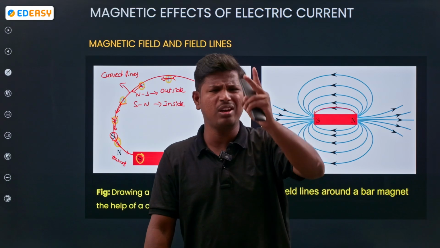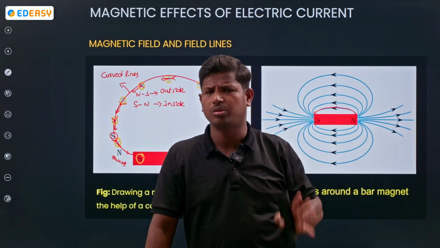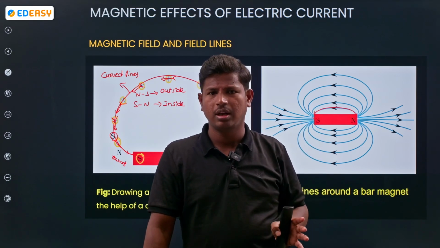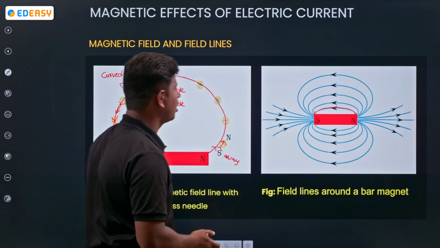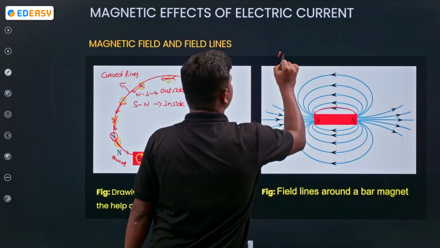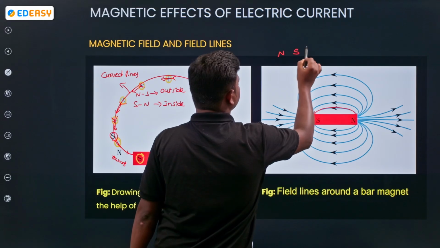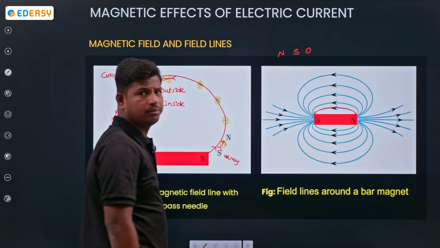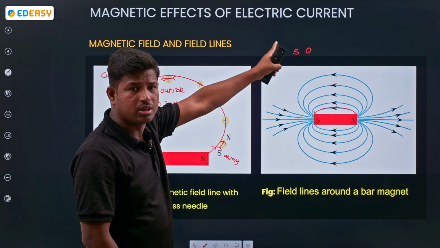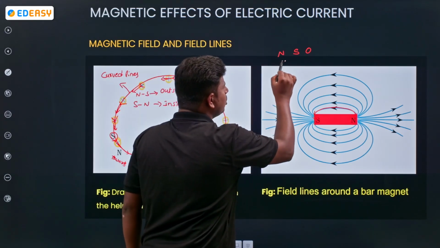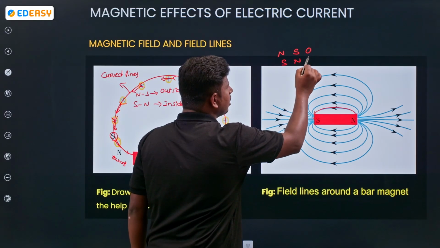Okay, remember only one thing: north pole to south pole outside, and inside south to north. NSO is north pole to south pole, outside. SNI is south pole to north pole, inside.